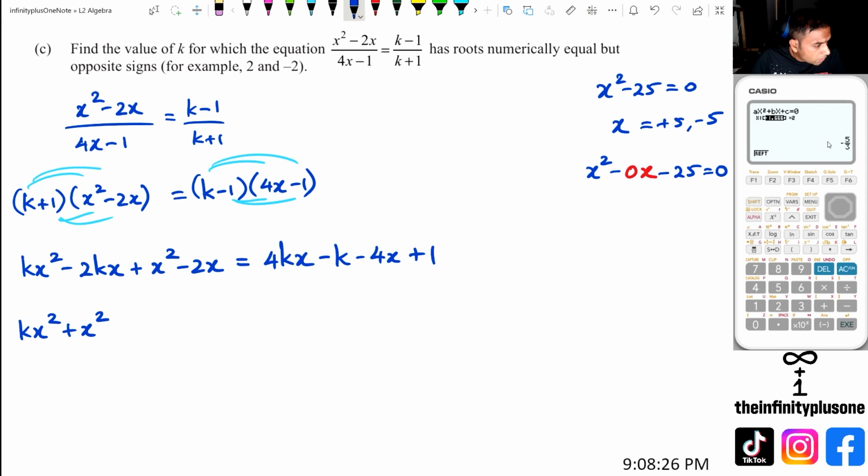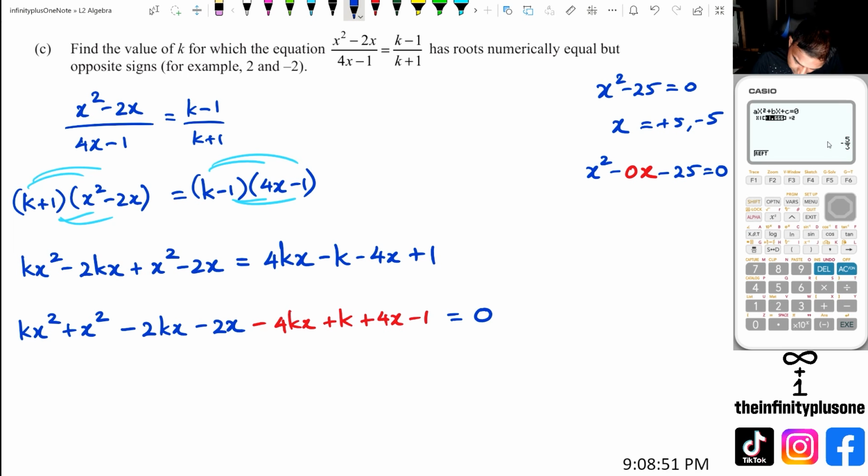Then I've got, just want to double check this, minus 2kx minus 2x, and then I want to bring in 4kx to the other side, because it's going to become minus 4kx plus k plus 4x minus 1, and all of this is equal to 0.